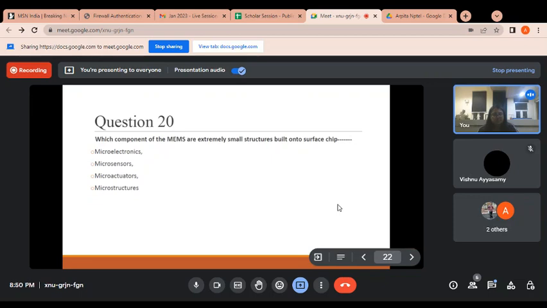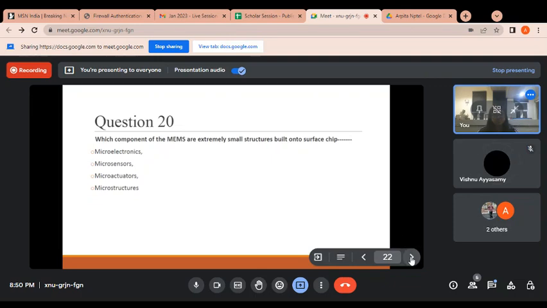It is a very easy question and your answer is in the question also. So please explain why microstructure? Ma'am, on the surface they are built, they are made, ma'am. Yes, because it is a small structure which is built onto the surface chip. That's why it is called microstructure, right?